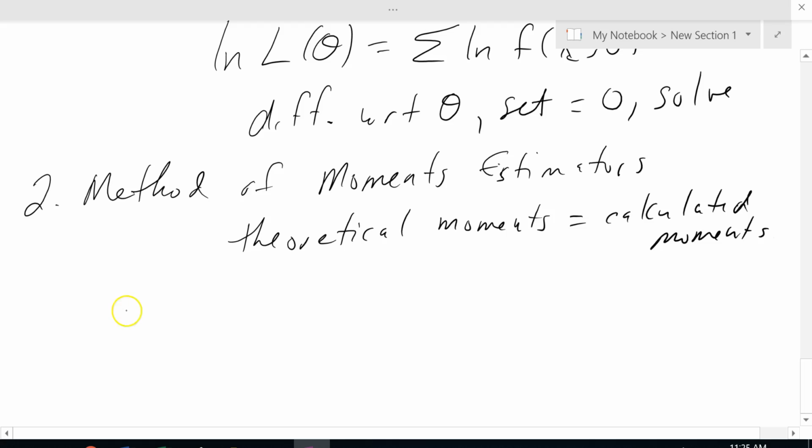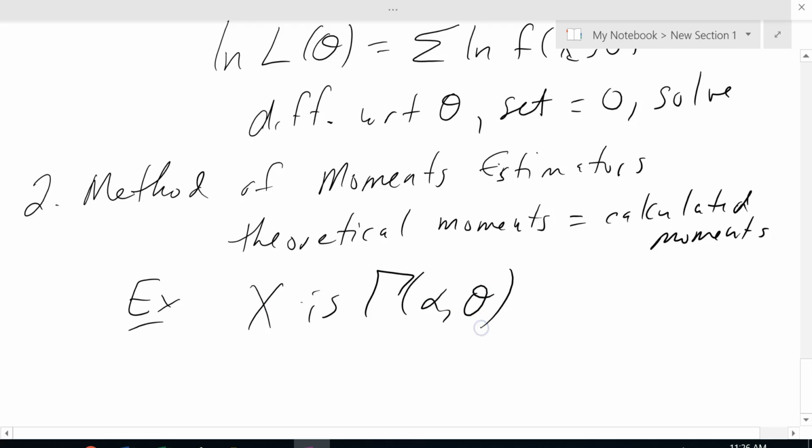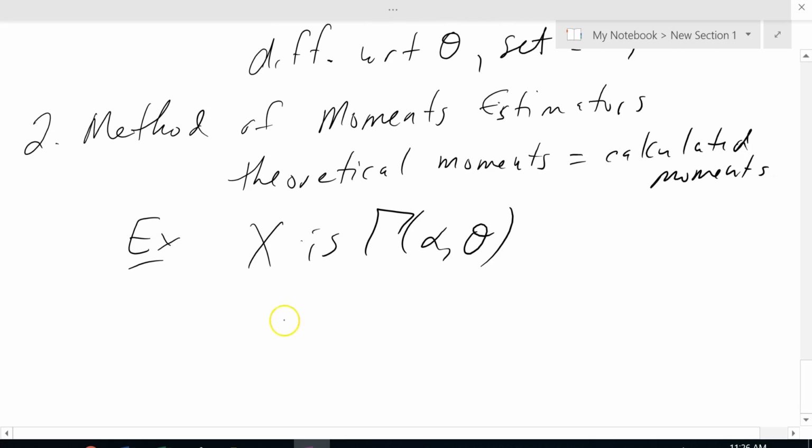So, as an example, if you had, say, x is gamma of alpha theta, then you would set your mean, which is alpha theta, equal to 1 over n times the sum of your x's. That's your calculated first moment, and this is your theoretical first moment.